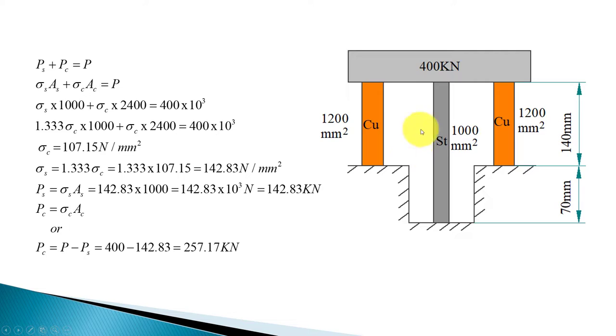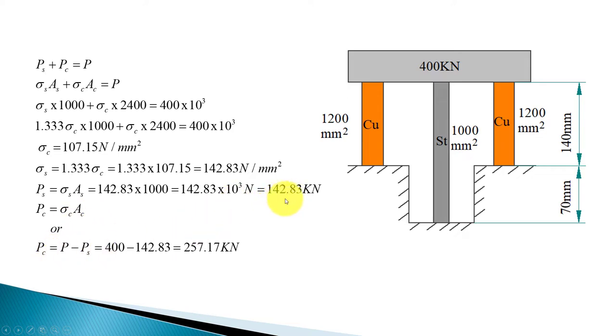So out of 400 kilonewton, steel is sharing a load of 142.83 kilonewton.